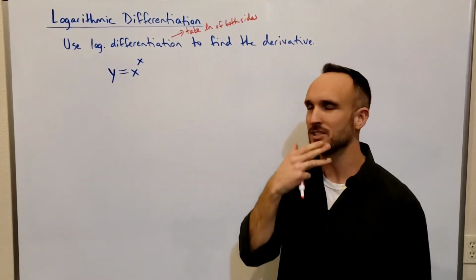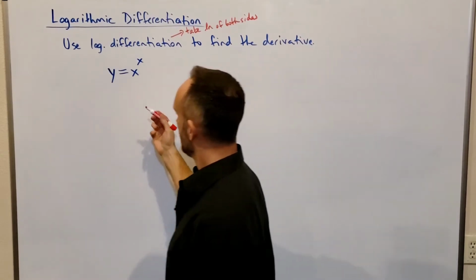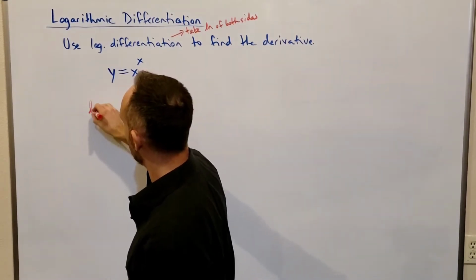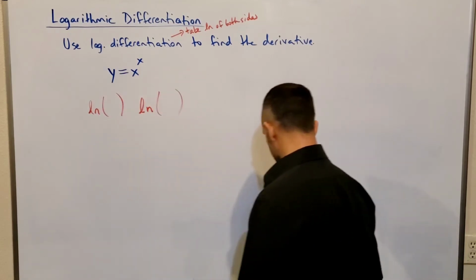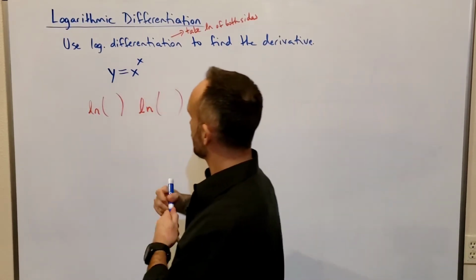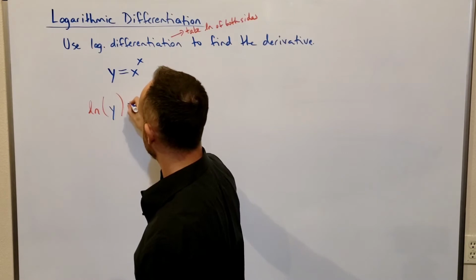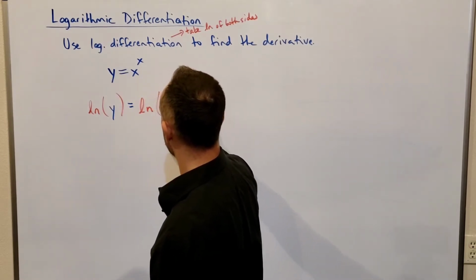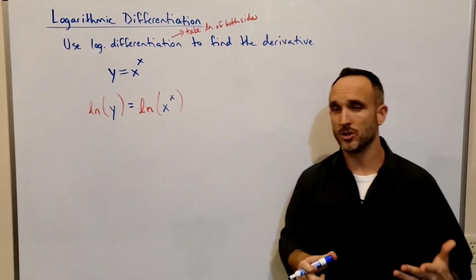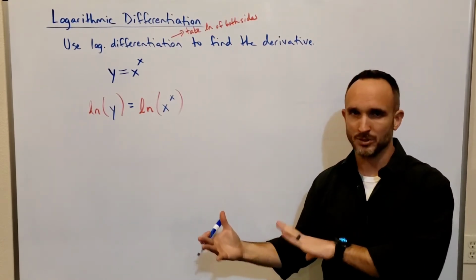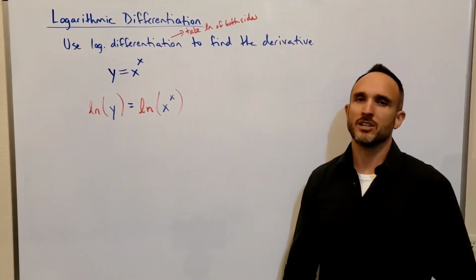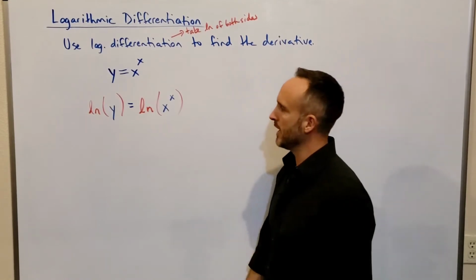So let's see how this works on this pretty simple function. Let's take the natural log of both sides, resulting in the natural log of y equals the natural log of x to the x power. Now you're going to need to know your logarithm laws, and I will be demonstrating examples of all of them in this video, but if you need to go back and refresh on those, make sure to do that.